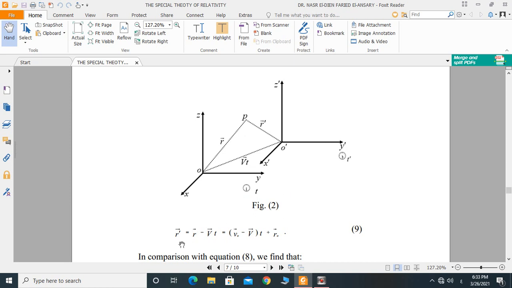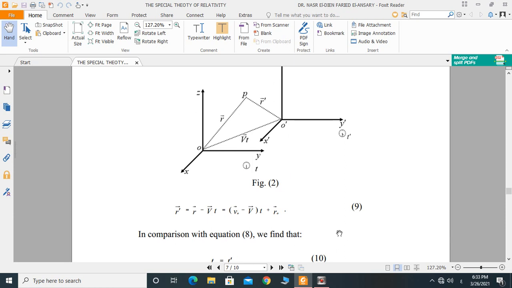We get from this figure the relation r dash equals r minus vt, and r we can substitute from equation 2 in this equation. We get r dash equals (r naught minus v) divided by t plus r naught.